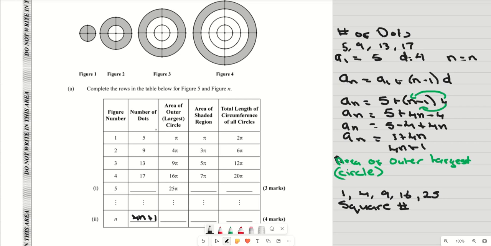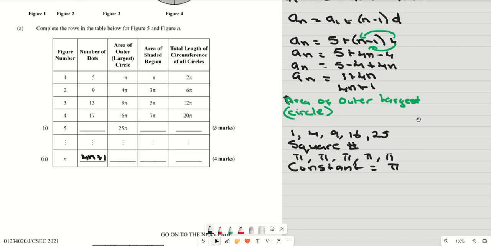And then for the second term, you're only seeing pi. Pi, pi, pi, pi, and pi. Meaning your constant is equal to pi. And what are we squaring? Your first value is 1, and we see that the square numbers, that's 1 multiplied by 1.